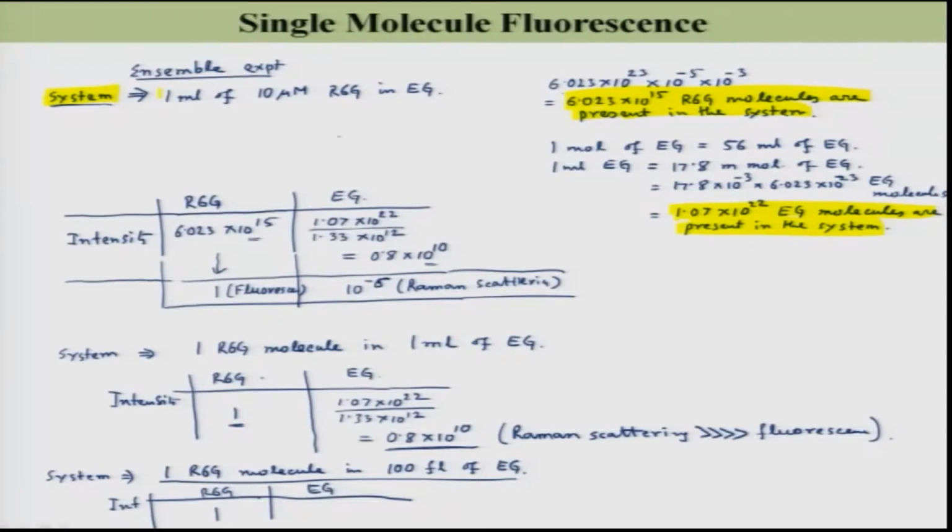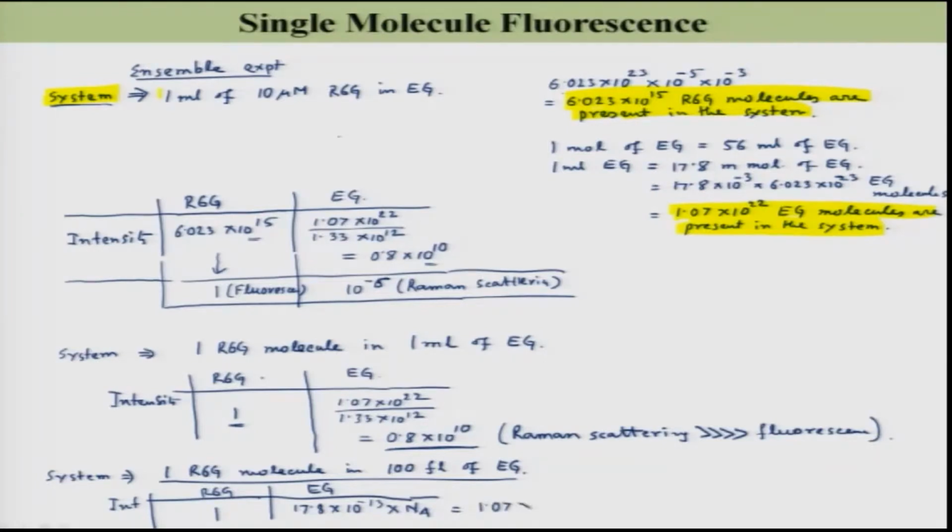So in this case the number is 17.8 × 10^-13, because I have 1 femtoliter, right, times Avogadro number. So it should be proportional to this.